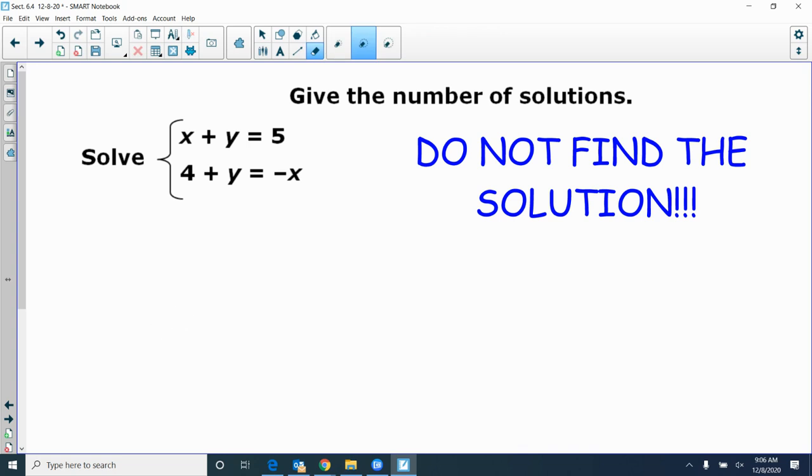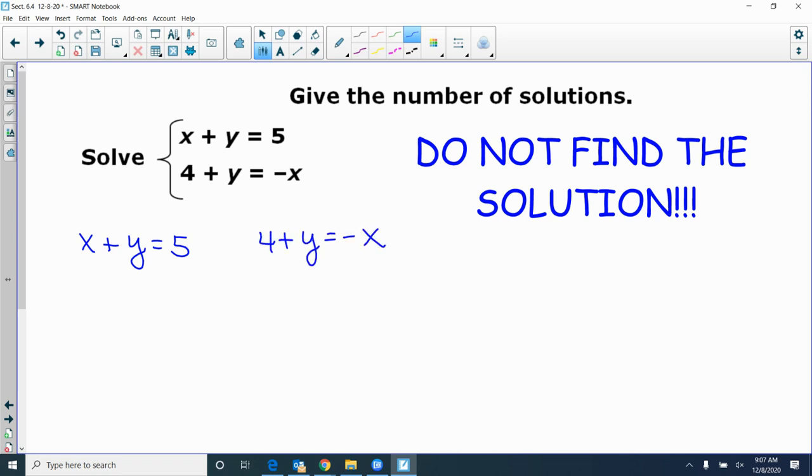So for the first one, x plus y equals 5, and 4 plus y equals negative x. So just get y by itself for both of them. For the first one, I want to subtract x, and I get y equals negative x plus 5.